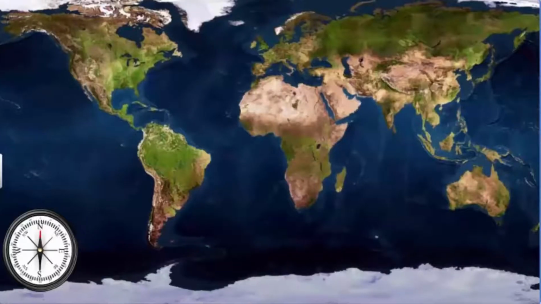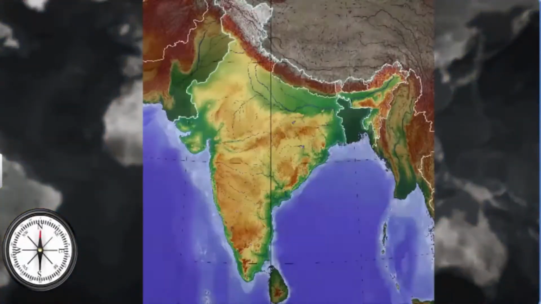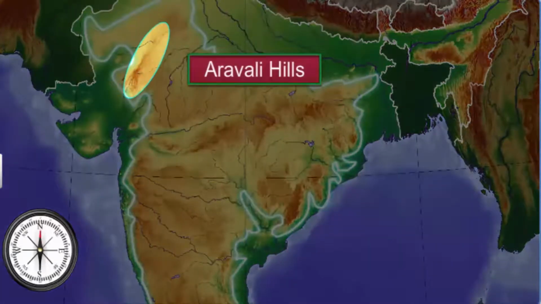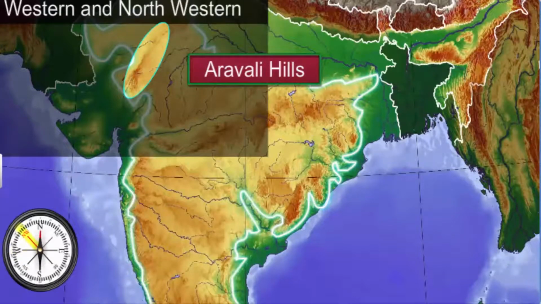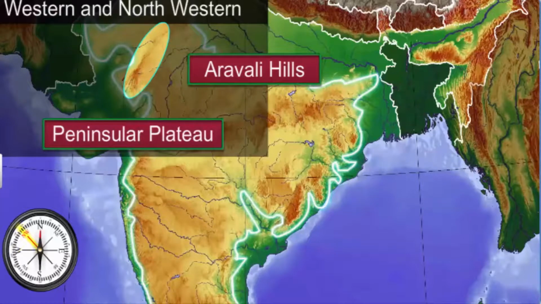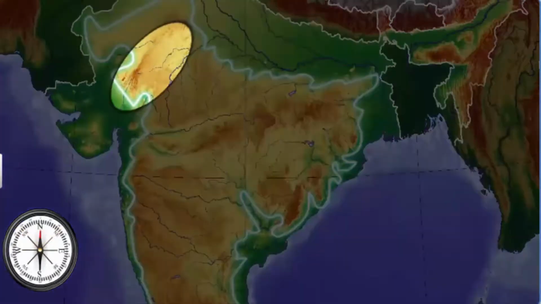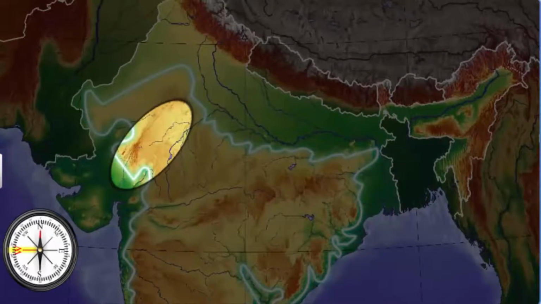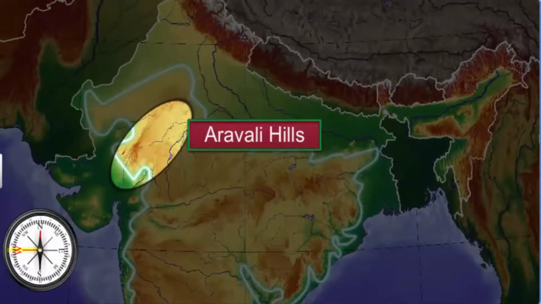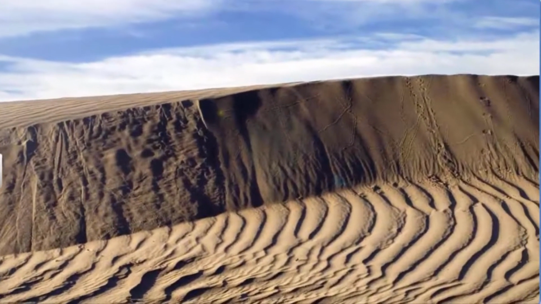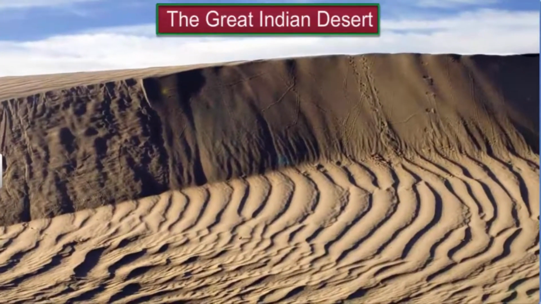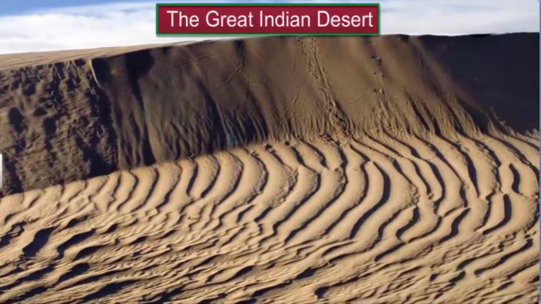As you may remember from the previous module, the Aravalli Hills lie on the western and northwestern margins of the peninsular plateau. If you move further towards the western margins of the Aravalli Hills, you come across the Indian Desert. Like other hot deserts, the Great Indian Desert is a rolling sandy plain covered by sand dunes.